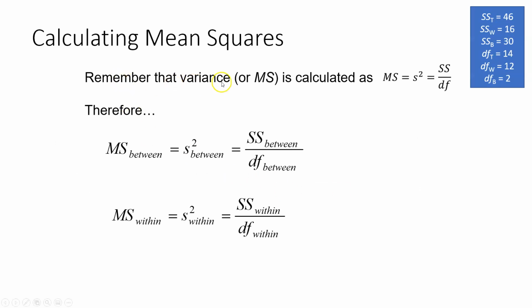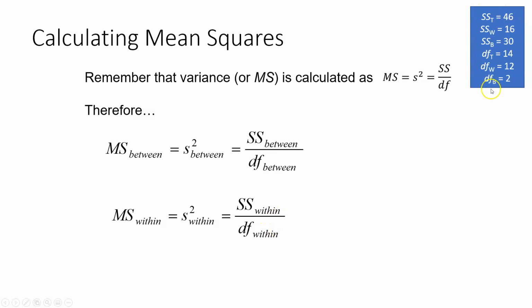So remember that variance, or mean squares, is calculated as SS over DF. Therefore, if we want to figure out the mean squares between, or the variance between, then we take SS over DF for the betweens. And if we want to compute the mean squares within, or the variance within, then we take SS over DF for the withins.